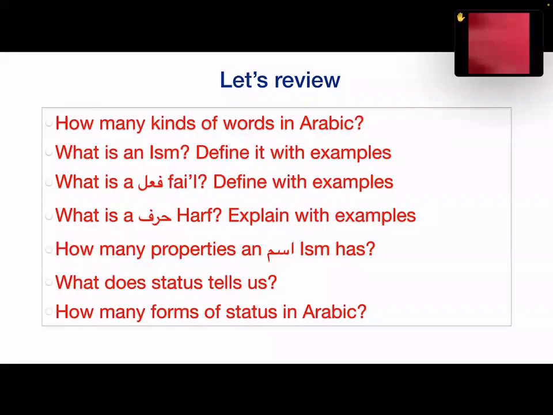So two fathas or one fatha, that is going to be our Nasab. And what is Nasab going to tell us? What role is it playing? The detail of the act, the object. It is giving us extra detail about the sentence, about the action, or about the subject.